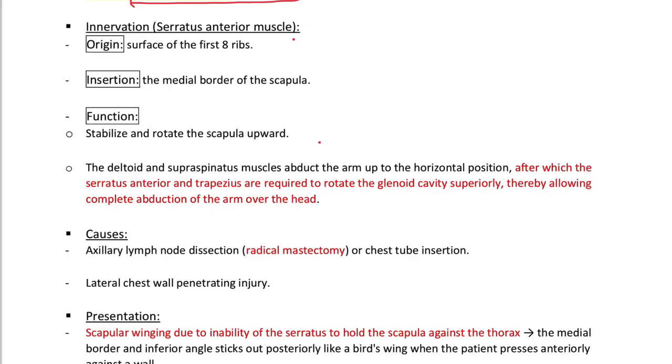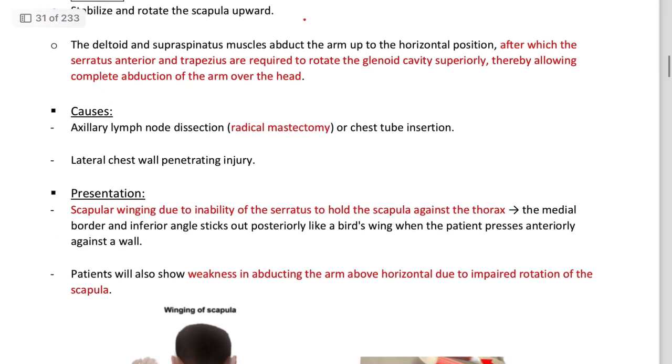Whenever a lesion happens in this long thoracic nerve, the scapula will not go upward and it forms a wing. So I already mentioned, if any patient got axillary lymph node dissection, radical mastectomy, chest tube insertion or some stab wound, it will cause wing scapula.